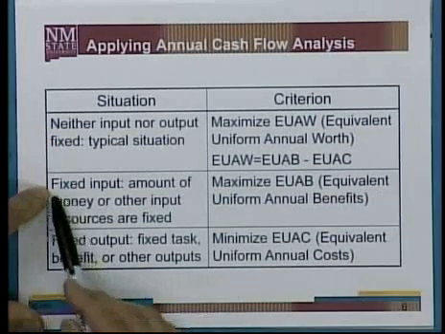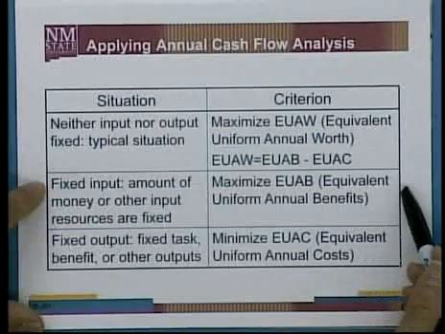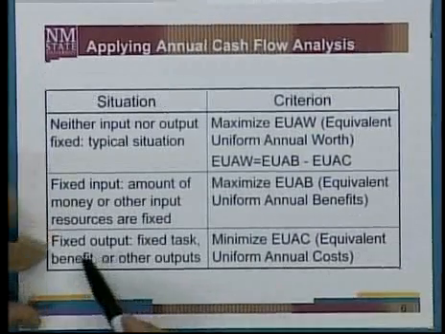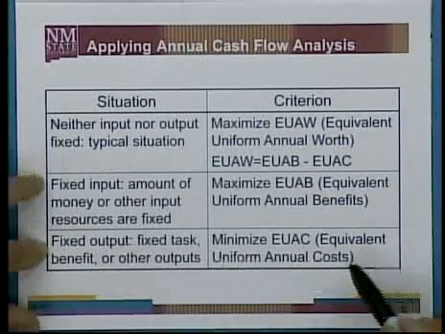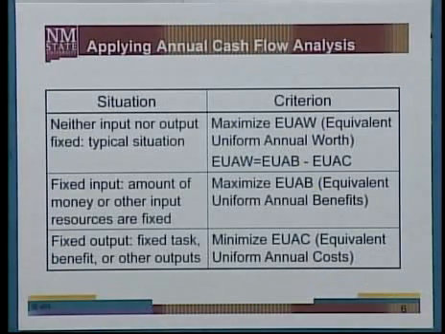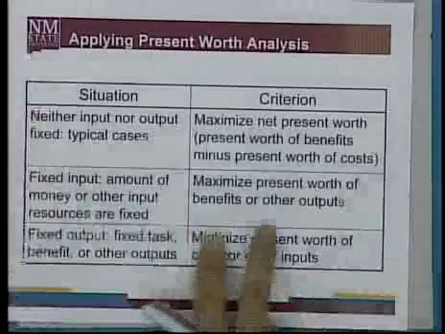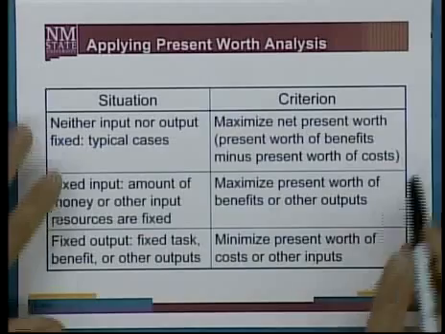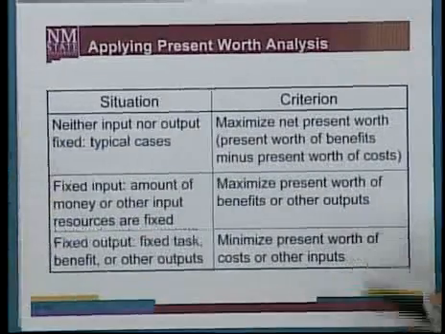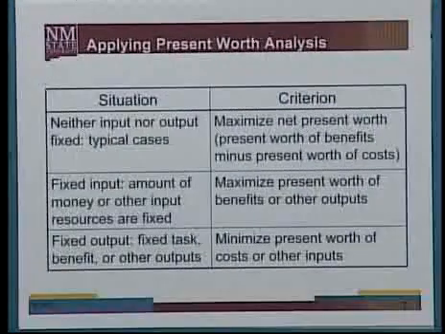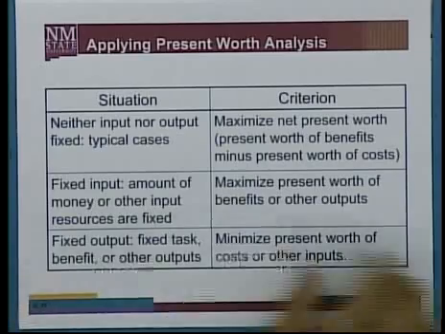If the case is fixed input, then we need to maximize equivalent uniform annual benefit. If fixed output, then we need to minimize equivalent uniform annual cost. And this table is very similar to the one for the present worth analysis in chapter 5, right? Like this. So if you compare these two tables, then you can find the similarities. Okay?